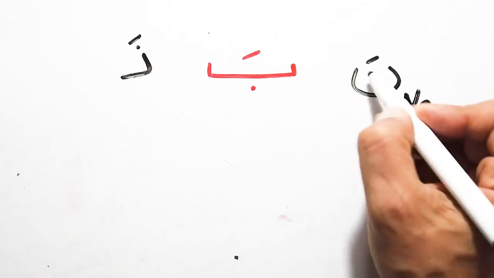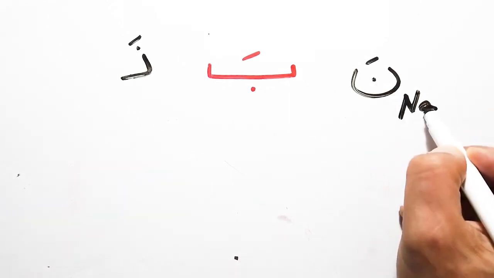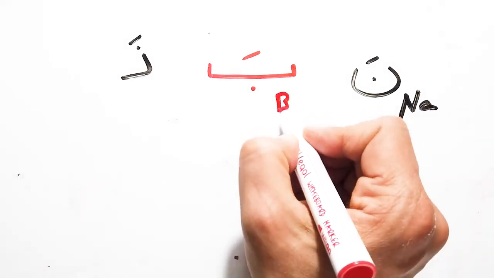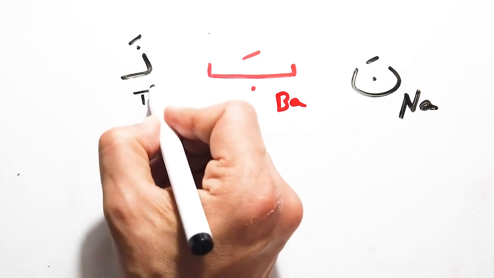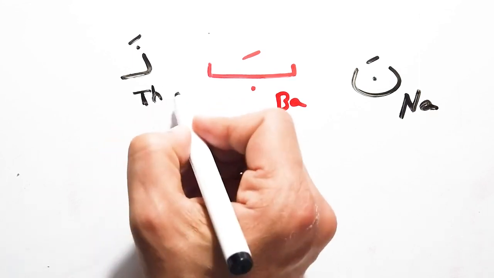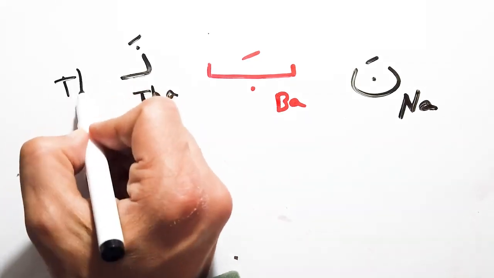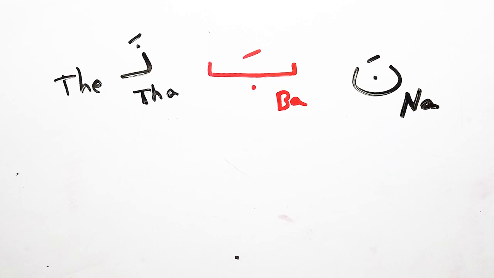So this letter has the sound of n. Ne. Be. The. It is like this. But let's add a in the end. Actually, it sounds like the in English. Okay? The.